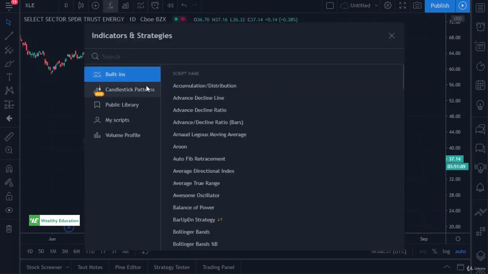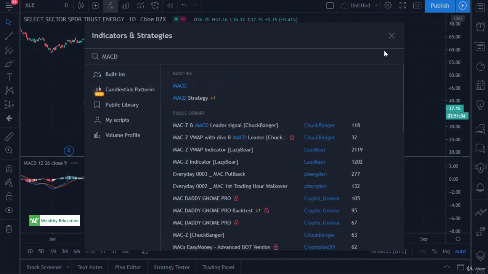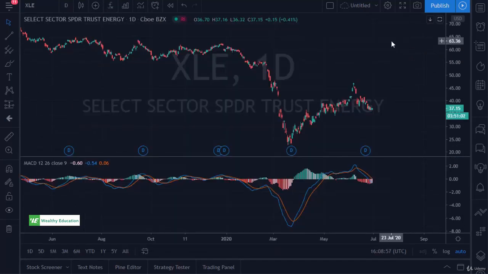Let's go ahead and put the MACD on the Select Spider Trust Energy ETF, and you can see that we had a crossover right here, right down at the absolute lows. The histogram did go green. That is a buy signal. So is the cross here. You really don't have a sell signal or a close signal until here.